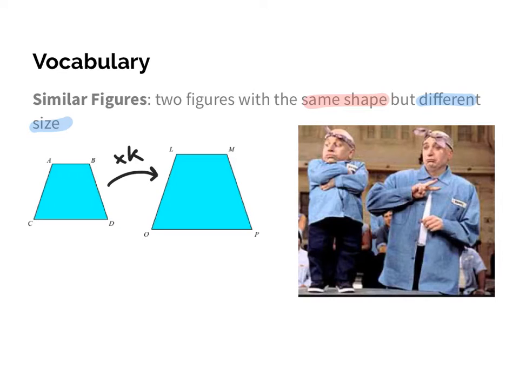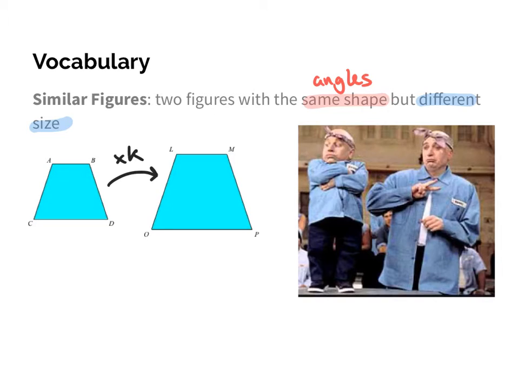When we look at similar figures, what does it mean for them to be the same shape but different sizes? So when we talk about shape, same shape is referring to the angles. What gives a polygon shape are the angles within it. So within any sort of similar polygons, the corresponding angles, I should say, are always going to be equal to each other.